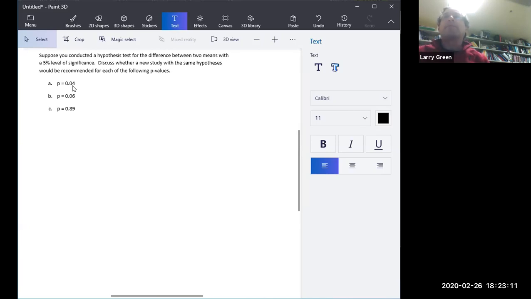Do you have evidence to show the alternative hypothesis is correct? Yeah, we definitely have evidence to show the alternative hypothesis is correct because 0.04 is less than 0.05.